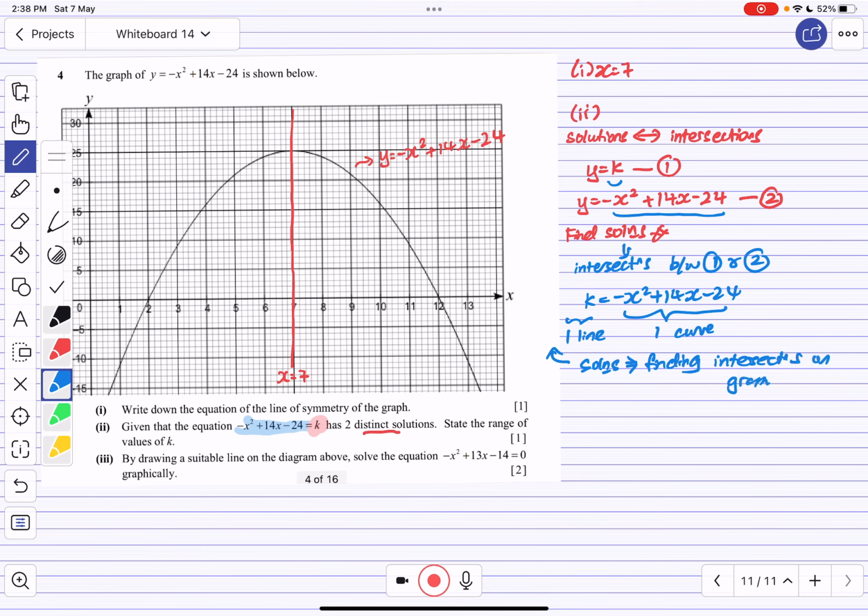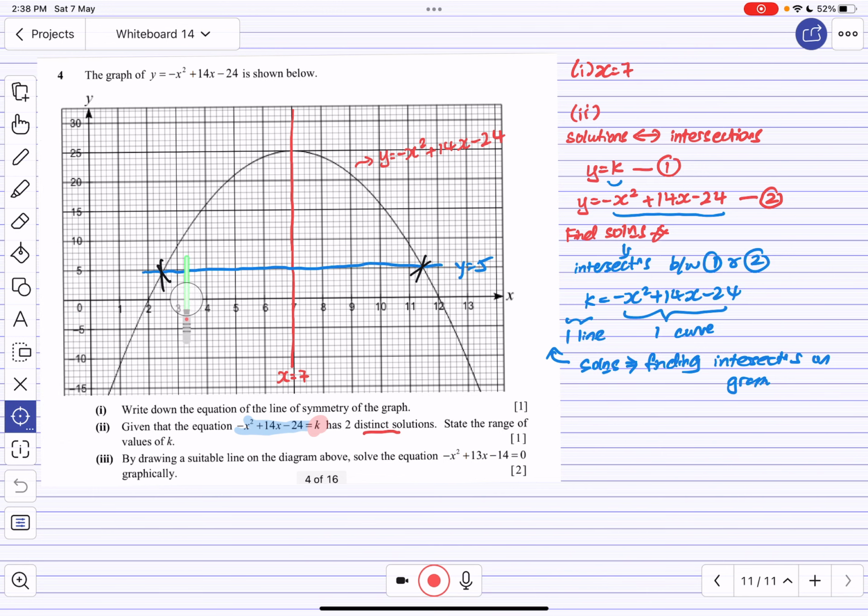So if you consider drawing a line, say y equals to k, for example, y equals to 5, you can see that these two intersections, or these two solutions, will satisfy y equals to 5 as well as y equals to negative x squared plus 14x minus 24.